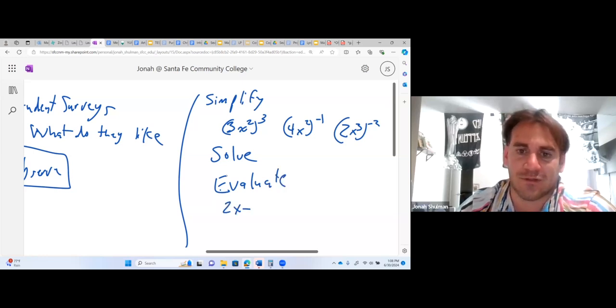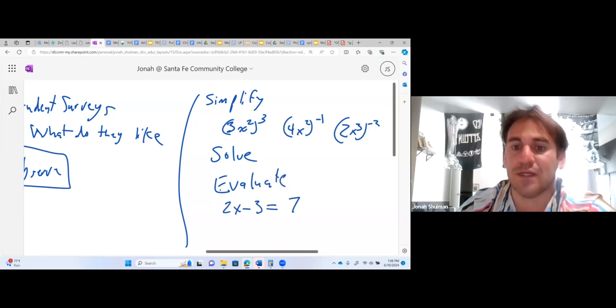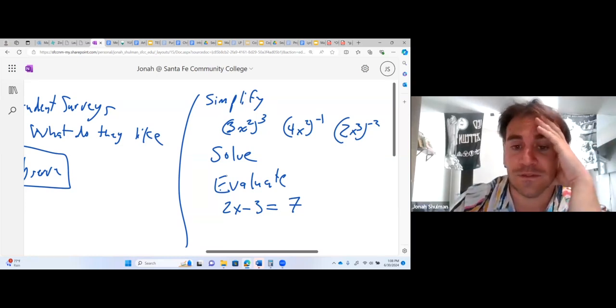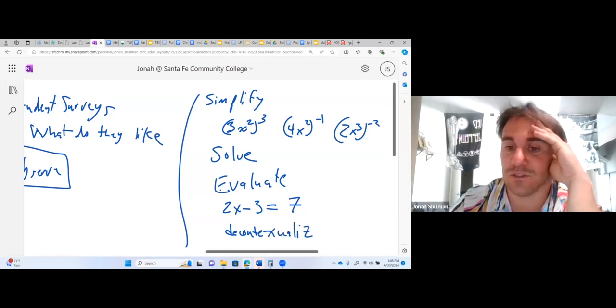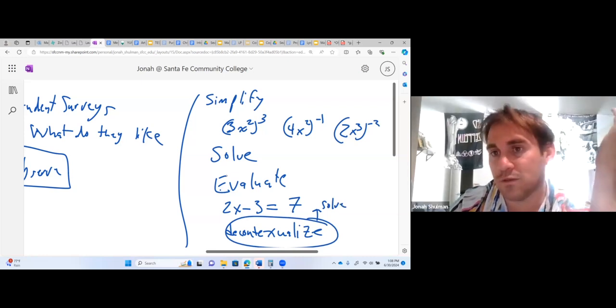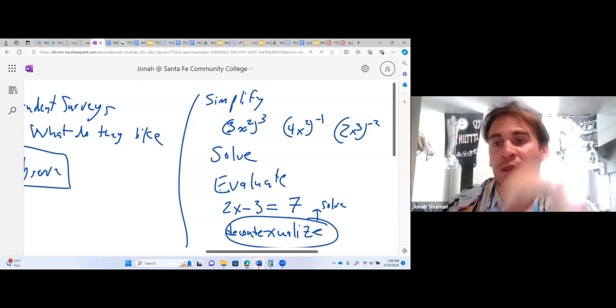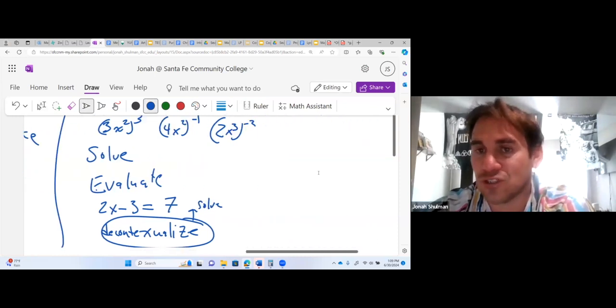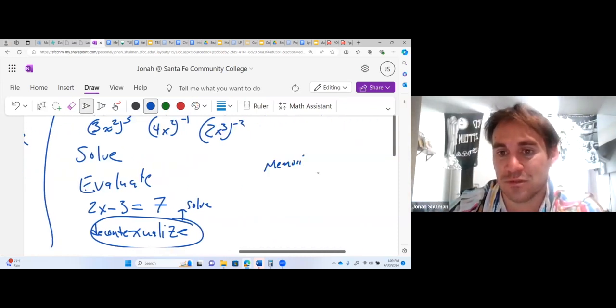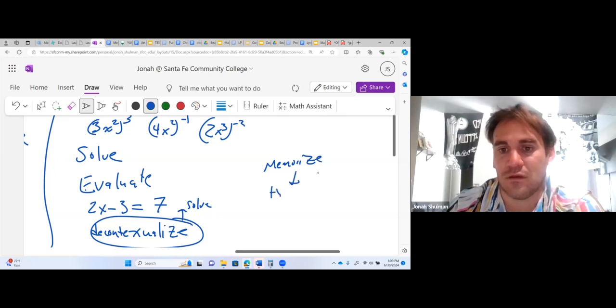You get 2x minus 3 equals 7. If you get things like this on a math worksheet, this is decontextualized. It doesn't have any connections to it. So even if a student solves this, they don't know why they did what they did. They don't understand where it comes from. So even if they do memorize the steps, they do not know why they got it right.